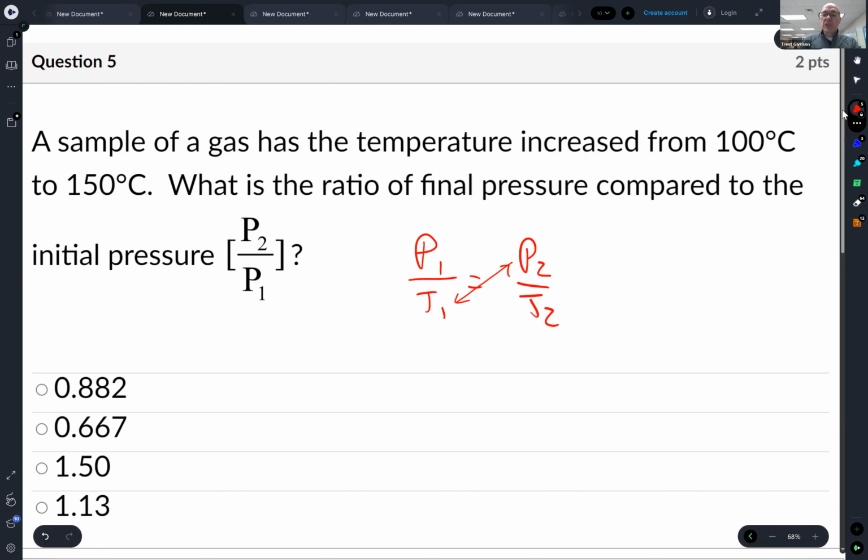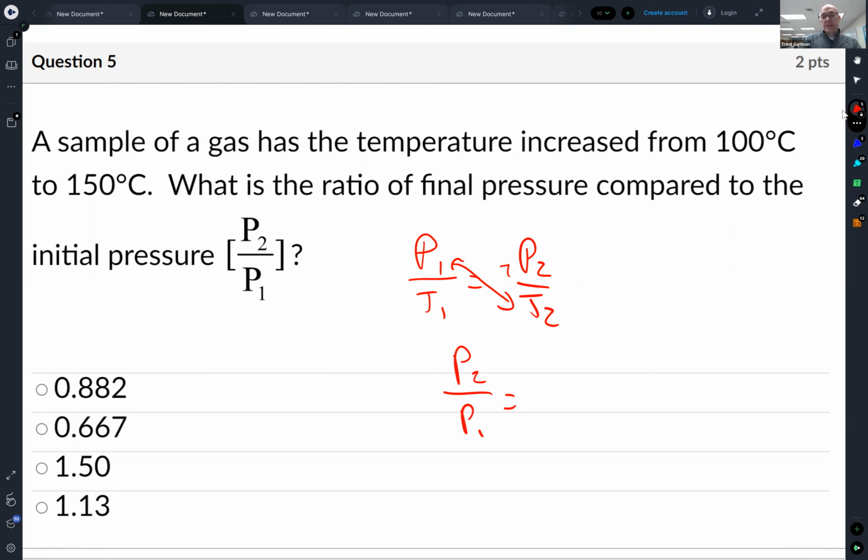I'm sorry, I got this wrong. Let me do it this way. If I switch places this way, what I would end up with is P2 over P1 equals T2 over T1. So that's all we're doing.